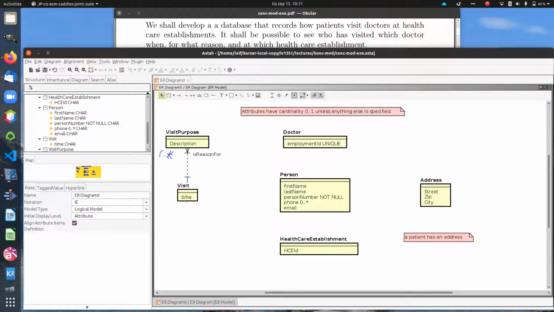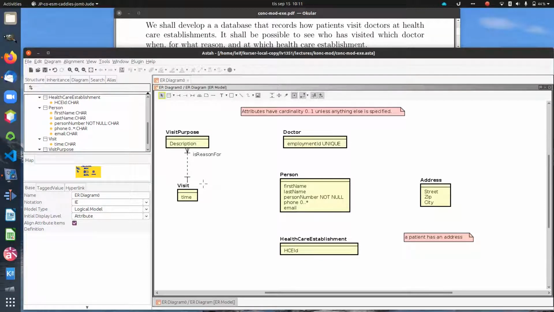And there can also be many reasons. There can be any number of purposes with the visit. Can you make a visit with multiple purposes? Or should it be always 1? But okay, this is what I came up with.